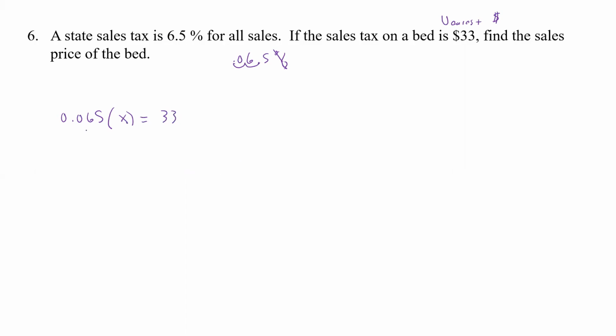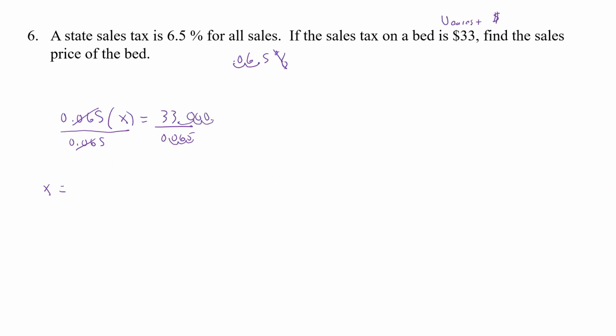So we have the percent sales tax times the price of the bed is equal to our tax paid. So now we have to divide by 0.065. So those cancel, and we get x equals. Now, again, we can't divide by decimals, so we have to move 1, 2, 3. So here we have to move 3 as well.